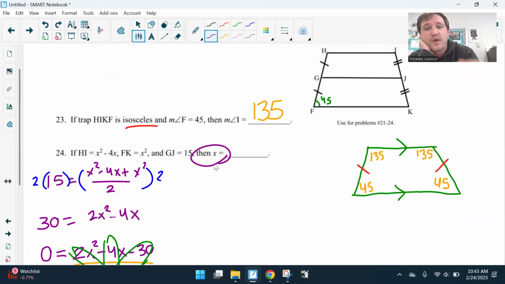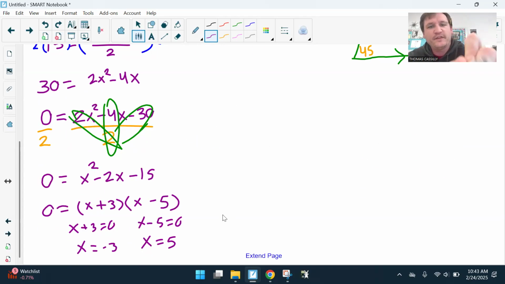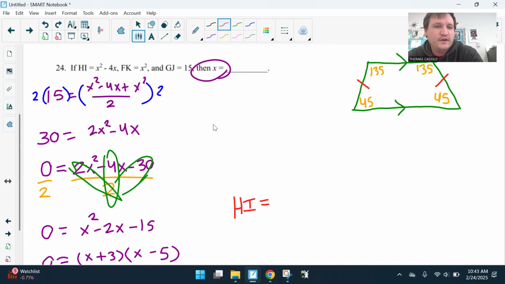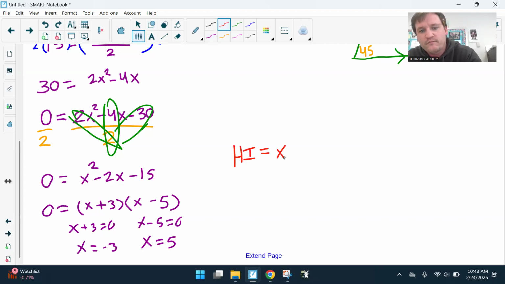We have to figure out what x is. Plug it back in. Don't plug it into the equation. Plug it into the picture. So look, think about these side lengths. We can't have negative side lengths. So if I think of HI, I know HI is equal to x squared minus 4x. Let's plug them in.